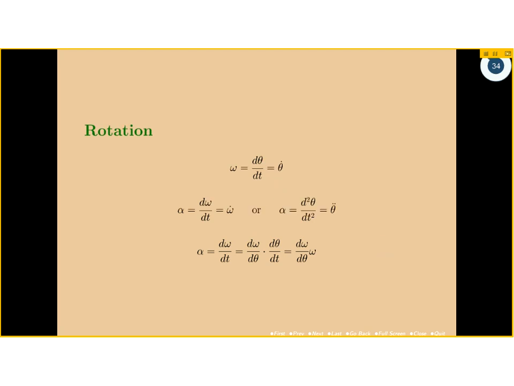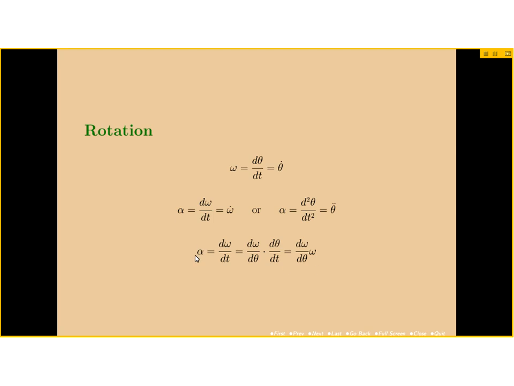Or you can say that the angular acceleration, of course, is the second time derivative of the angle of rotation. Now, having said that, we can express this derivative d omega dt using the chain rule as d omega d theta times d theta dt. And d theta dt we see is the same as omega. That is what was defined at the top here.